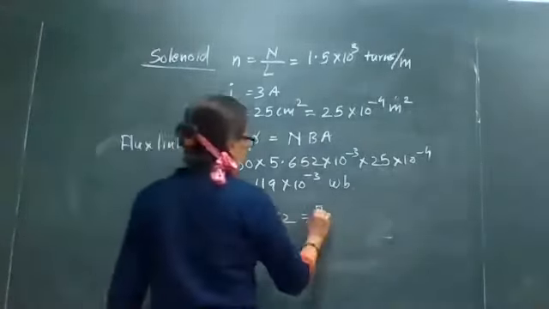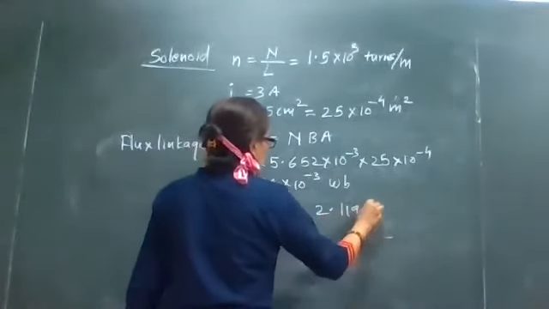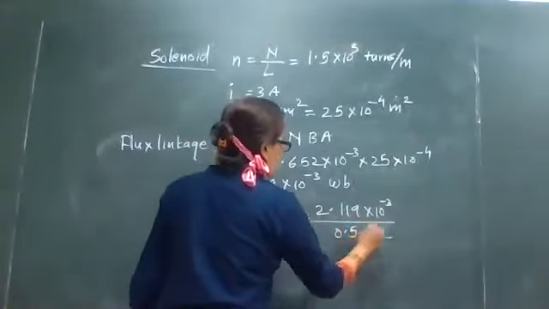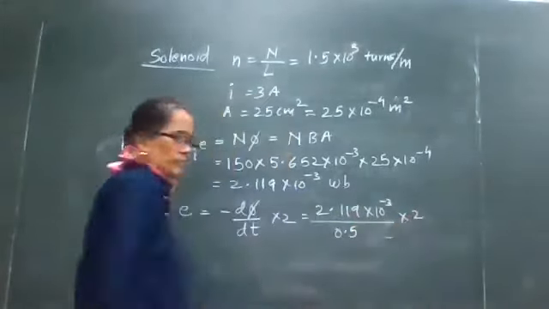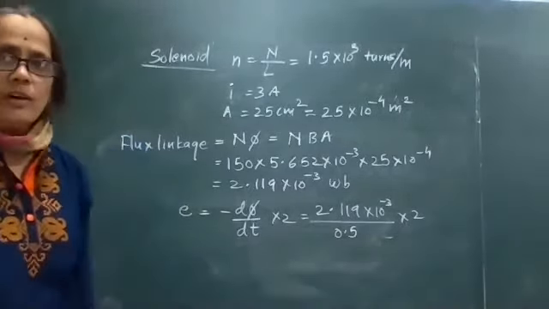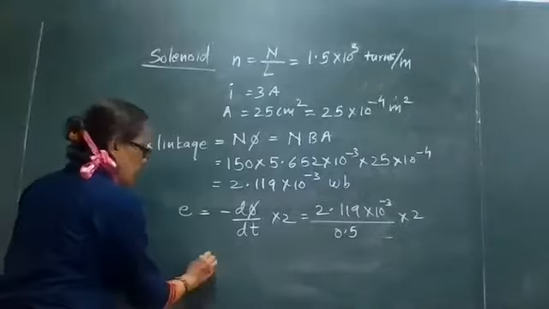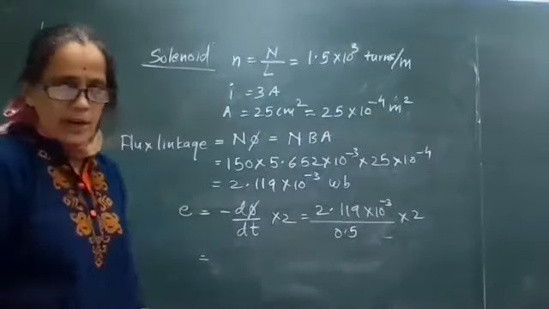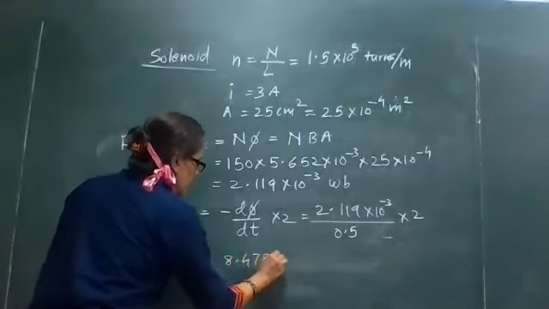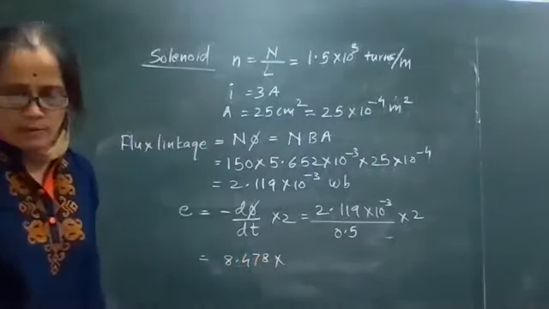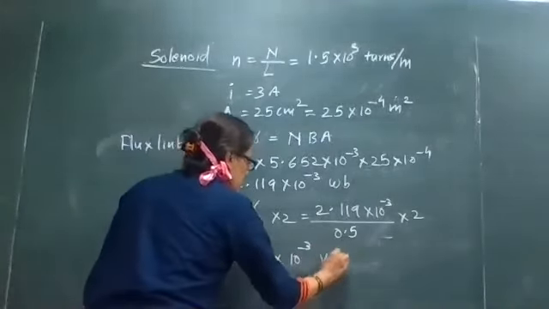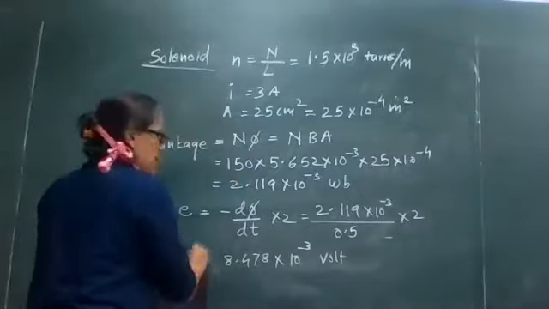So what I write: d phi is 2.119 into 10 raised to minus 3 upon dt is 0.5 multiplied by 2. Like that you can do the calculation. You will get your final answer as 8.478 into 10 raised to minus 3, that is the EMF.